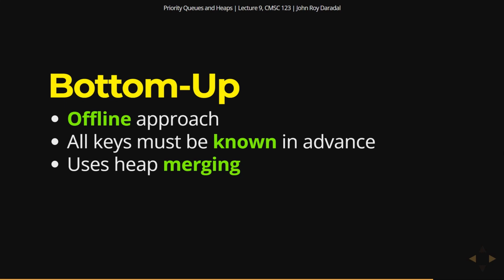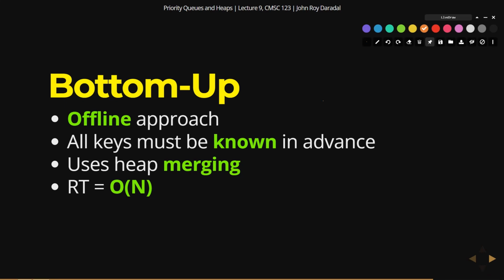So we'll be doing a series of merges with the keys to keep the min heap order property. And this one actually runs faster, O of n. For top-down, it runs in O of n log n, but the advantage is that it is online.